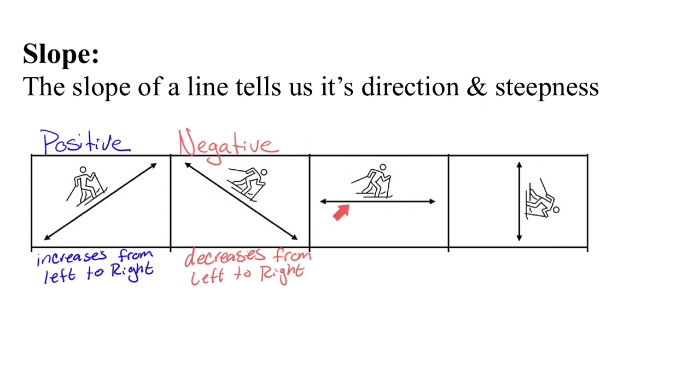Now what if you have a flat line? It's flat all the way across. So here we aren't going up, we aren't going down. This is a zero slope. So it is a horizontal line.